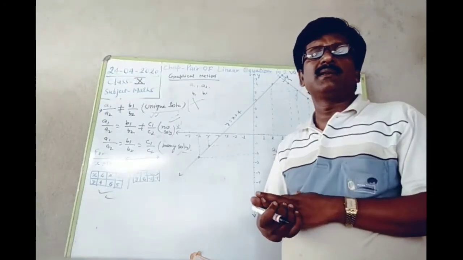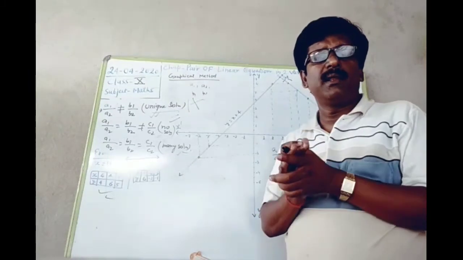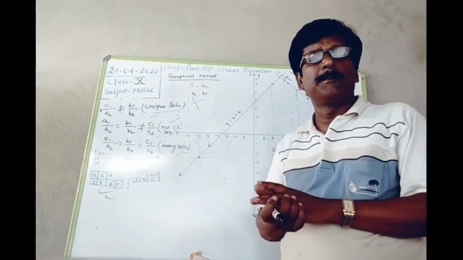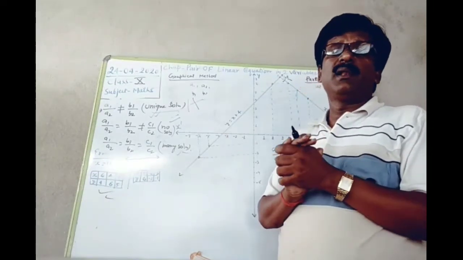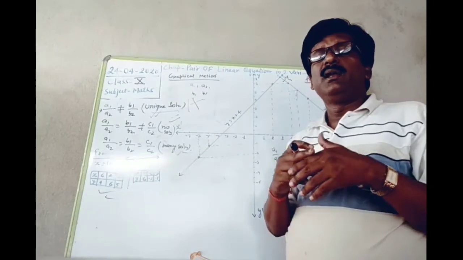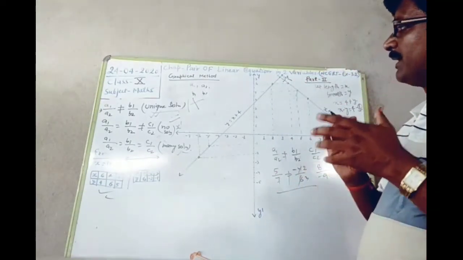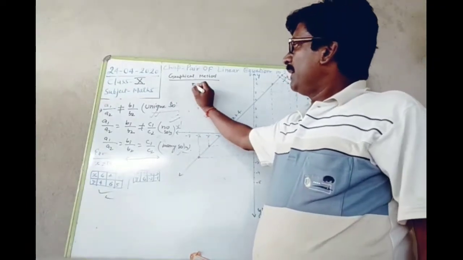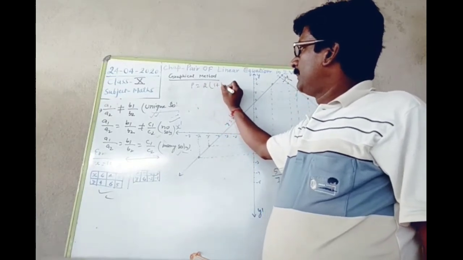Out of the three cases, either you will get intersecting lines, coincident lines, or parallel lines. If parallel lines, it means it has no solution. If intersecting lines, it means it has a unique solution. If the lines are coincident, it means it has many solutions. Okay. So now see, the question is half of the perimeter. The perimeter of the rectangle is given by 2 into L plus B.